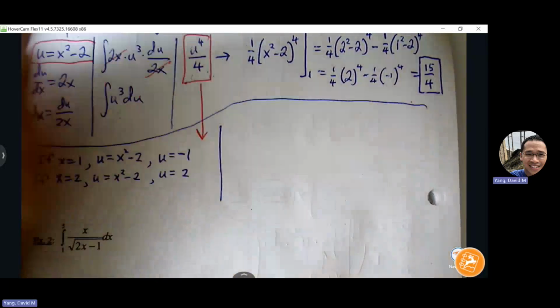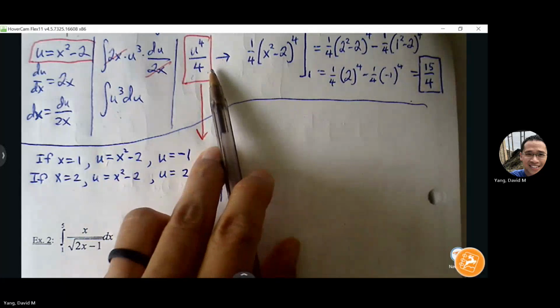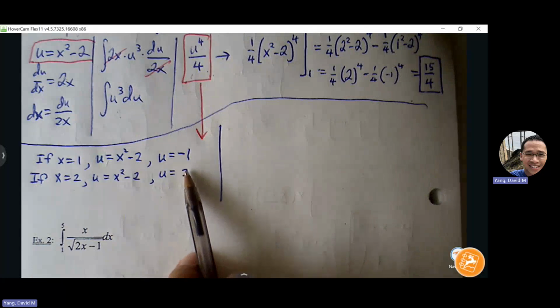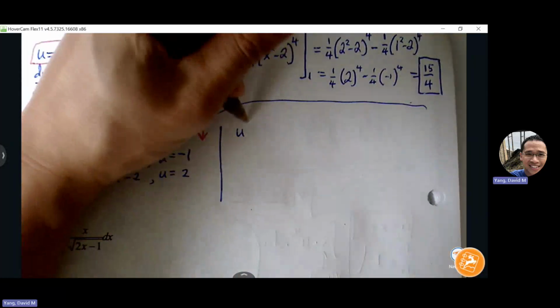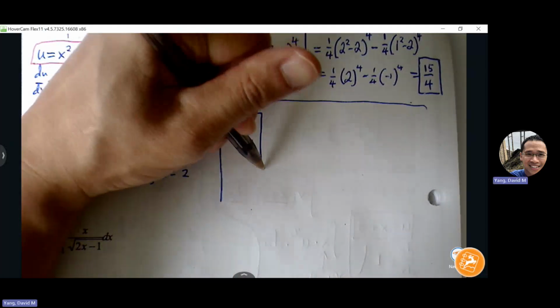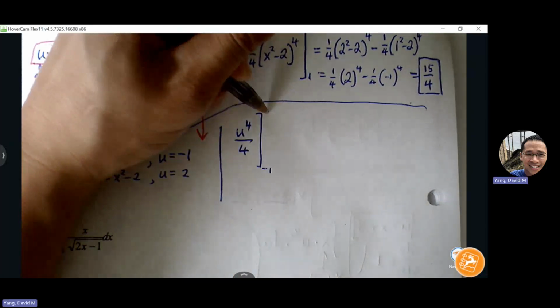So now I have my antiderivative. I'm going to leave it in terms of u, and I have my adapted bounds also in terms of u. So I'll do u to the fourth over 4 between my new lower bound of -1 and my new upper bound of 2.